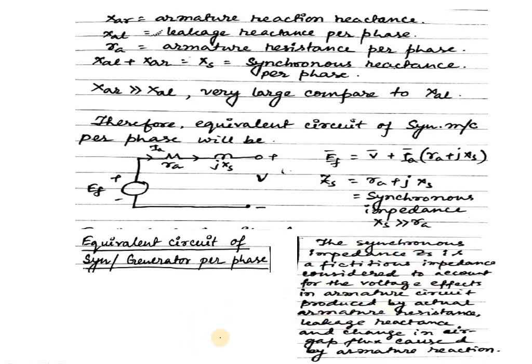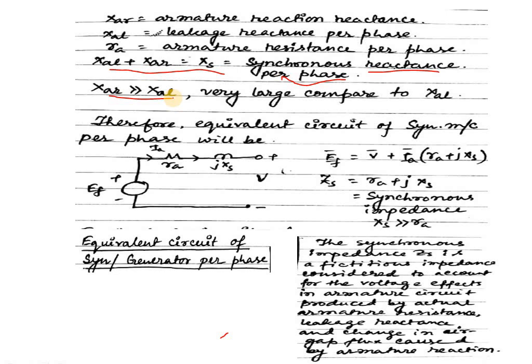We are considering that these two reactances together are the synchronous reactance per phase, called XS. And definitely XAR is very large compared to XAL.